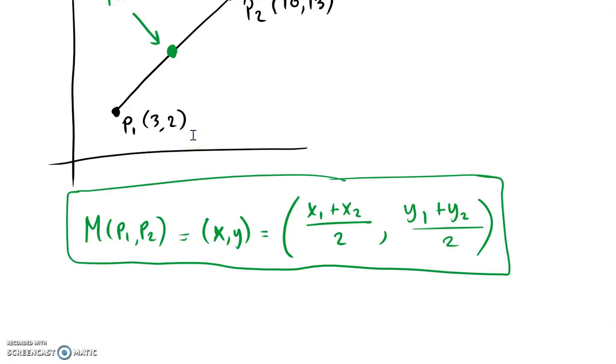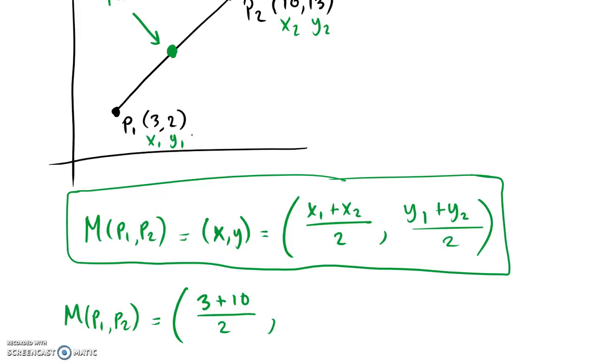And so we know the coordinate points of our P2 value and our P1 value. So if we simply plug that into our formula here, we'll call this our x1, y1, x2, y2. What we'll have is 3 plus 10 divided by 2, and 2 plus 13 divided by 2.